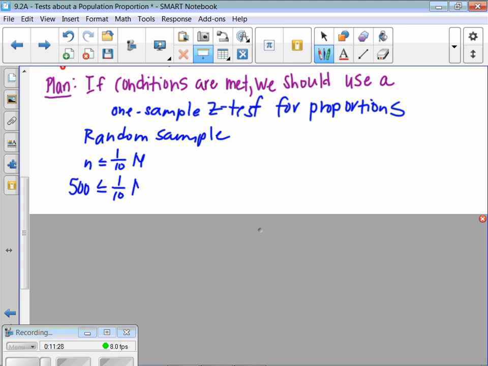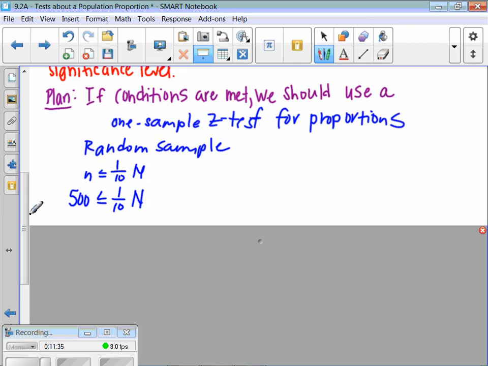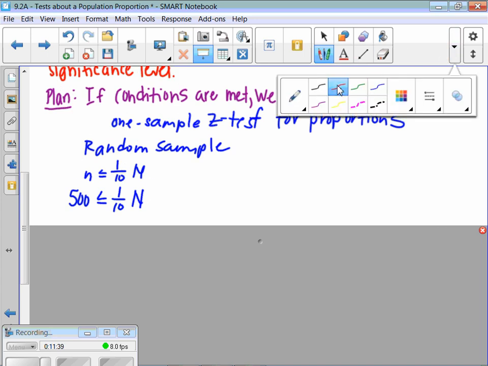They don't actually tell us how many potatoes are in the truck. We just took a random sample of 500. For this to be true, what would N have to be? N would have to be 5,000 or more. Is that reasonable to assume? Yes. So you would write that down. It's reasonable to assume that there are 5,000 potatoes in the truckload.